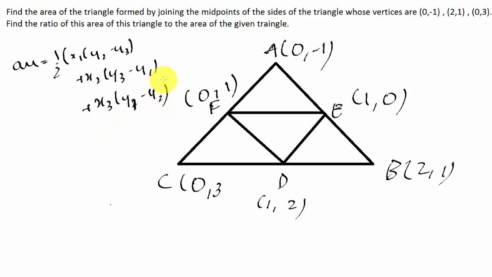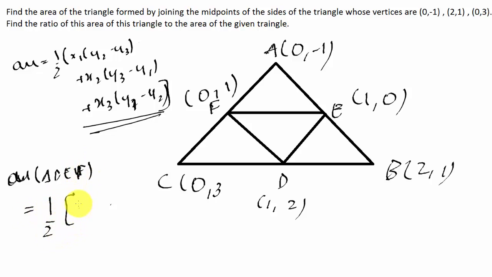Okay, we're going to be using this formula. Now the area of triangle DEF is going to be equal to half into 0. Let's just say this is x1 y1, this is x2 y2, and this is x3 y3.